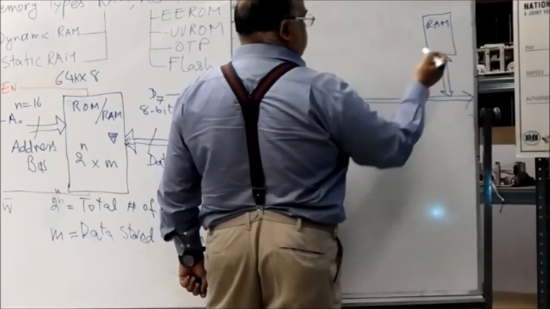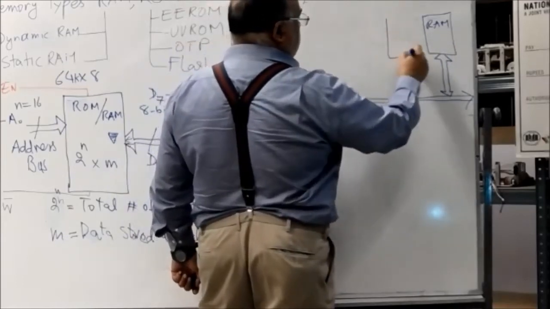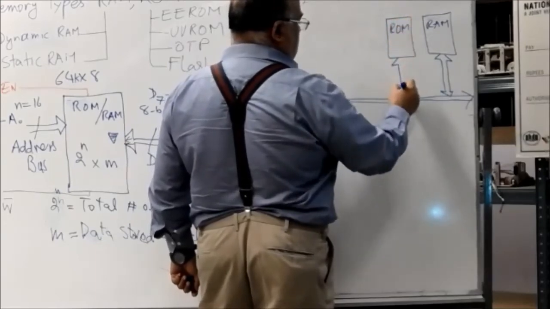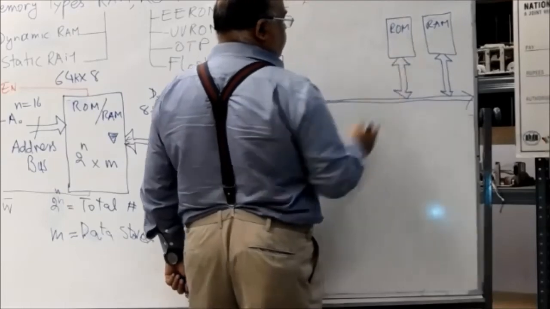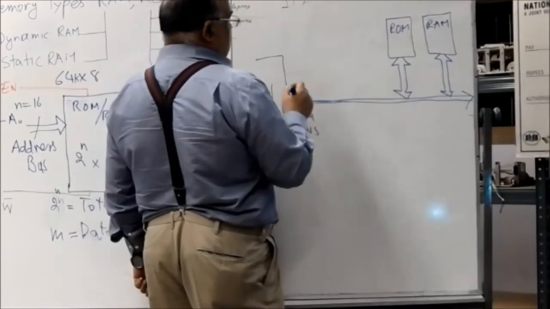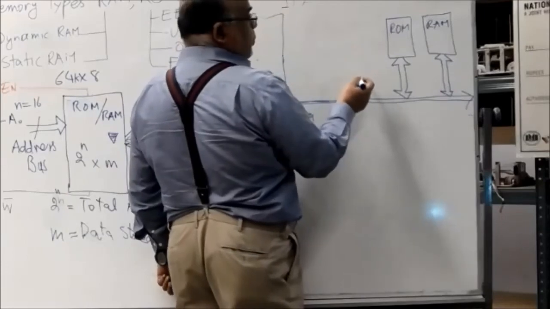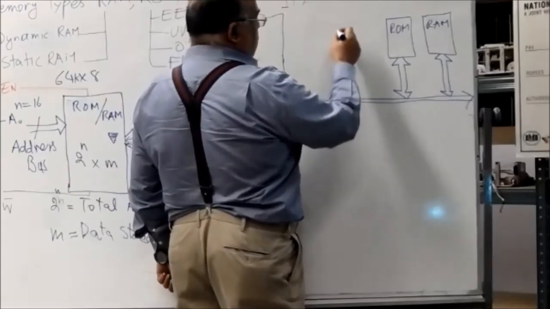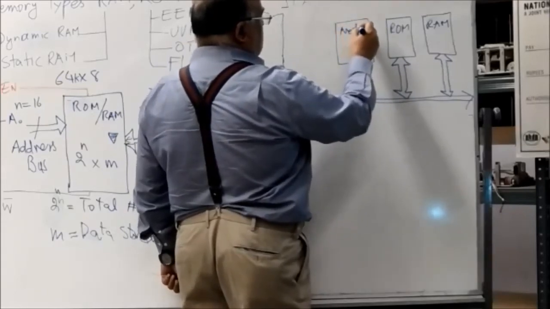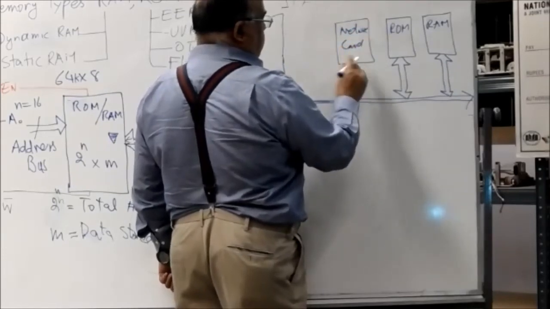I'm not showing that bus right now. This could be a ROM, connected to this data bus. This is the processor's data bus. This could be some peripheral device like a graphics card or network card, also connected to this data bus.